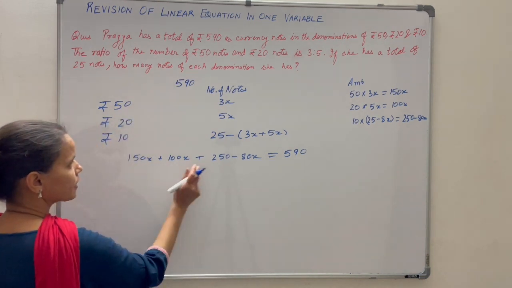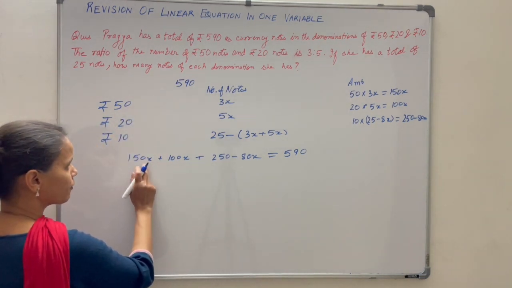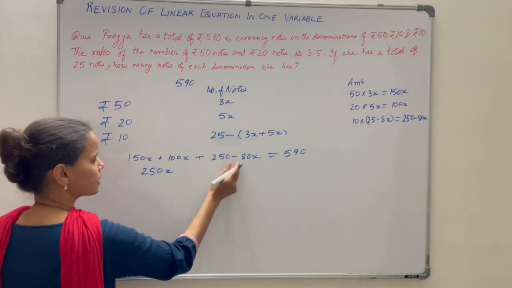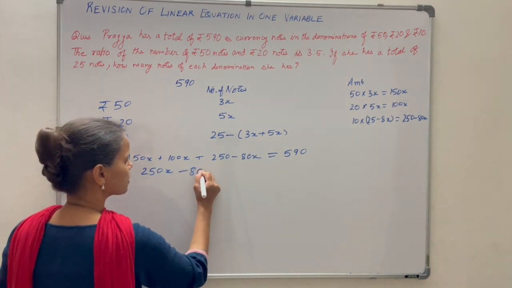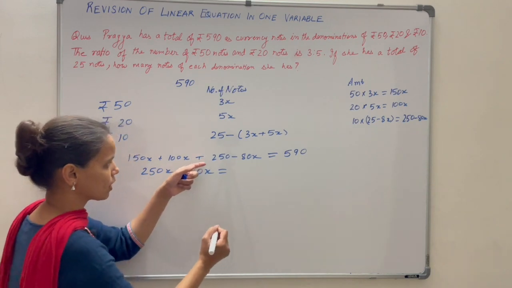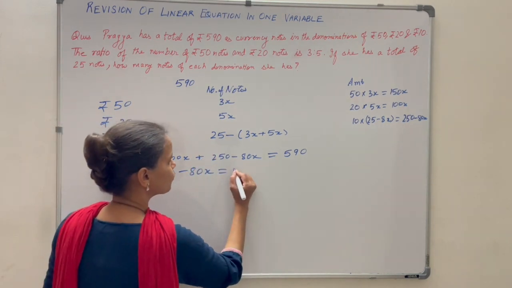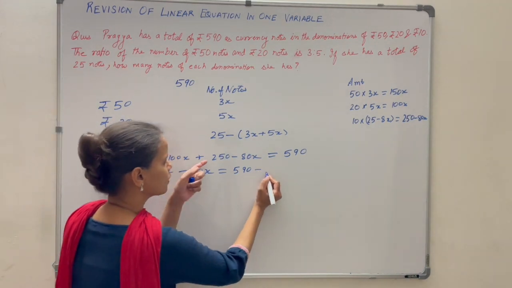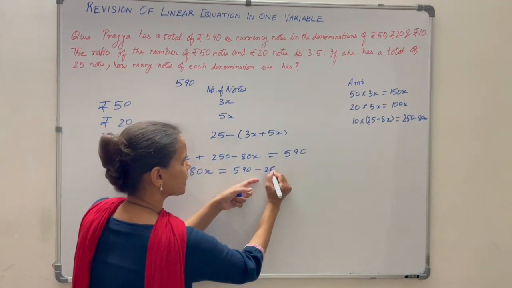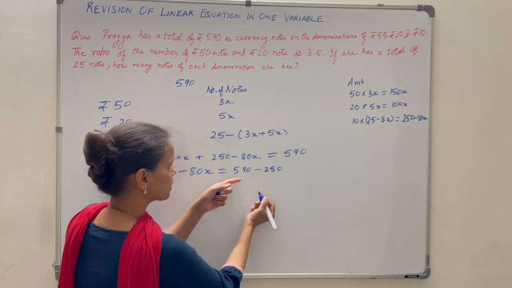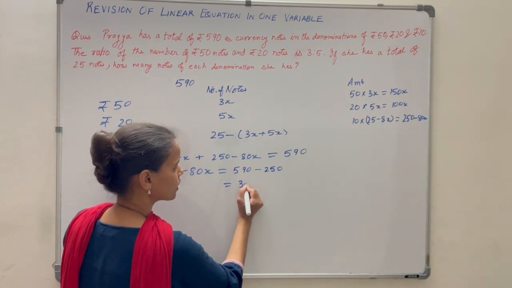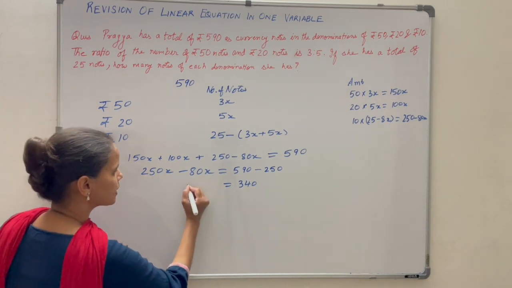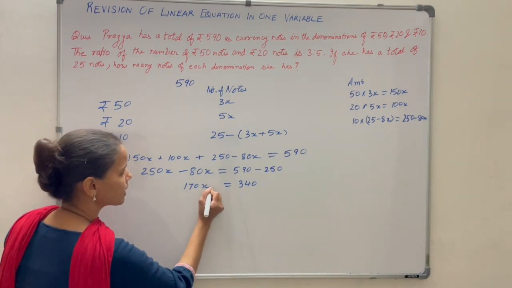So let us add up all the variables. 150 plus 100 is 250x, and minus 80x. When you change the 250 from the left hand side to the right hand side, the sign will change from plus to minus. So 590 minus 250 is 340, and 250x minus 80x is 170x.